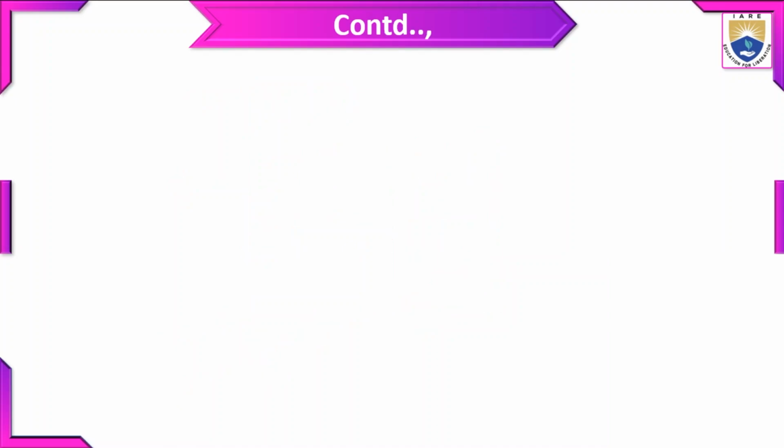Okay. Coming to C0, C1, C2, my matrix size is 1 by 3.